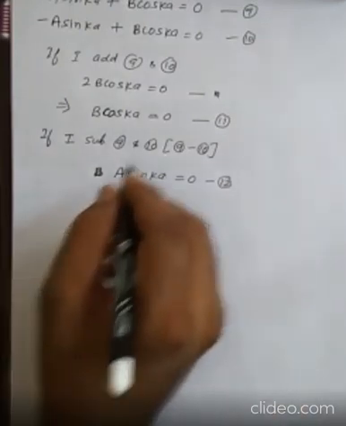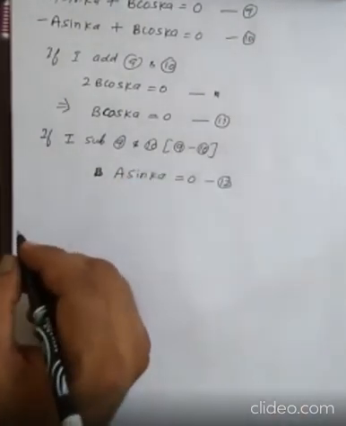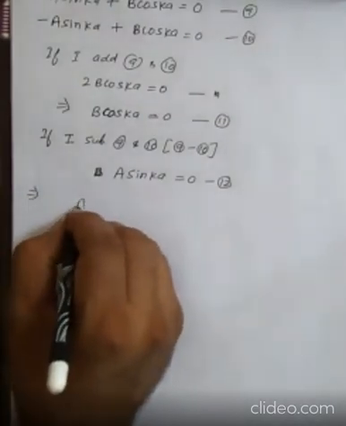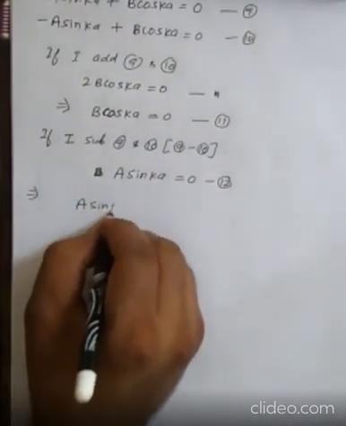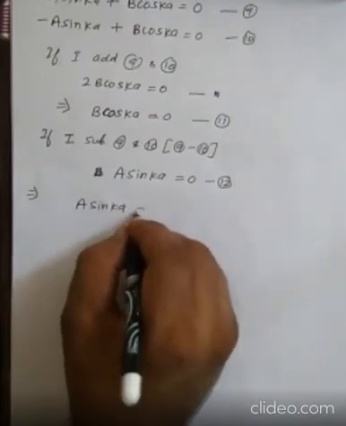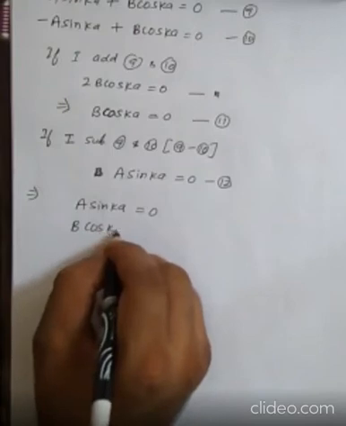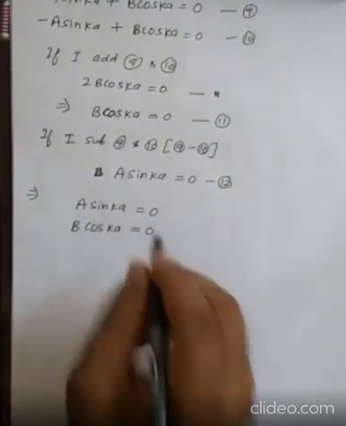So if I write both these equations here again, it means A sin ka equal 0, and B cos ka equal 0.